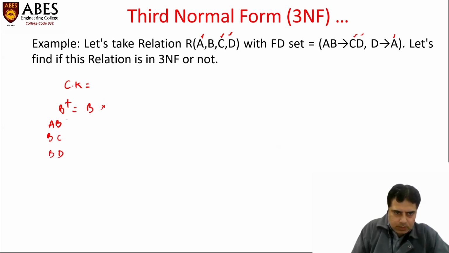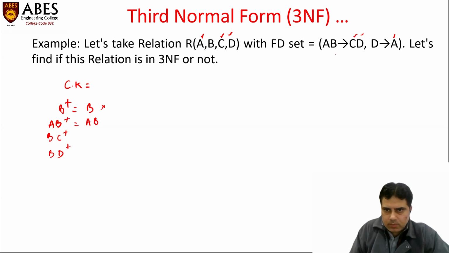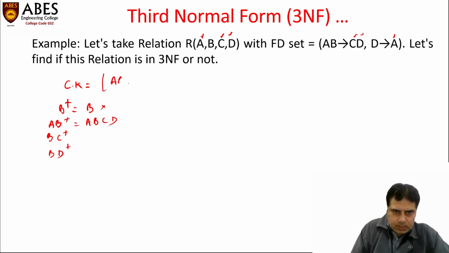Now take the attribute closure of AB. From AB, we can determine CD. So AB is the candidate key.